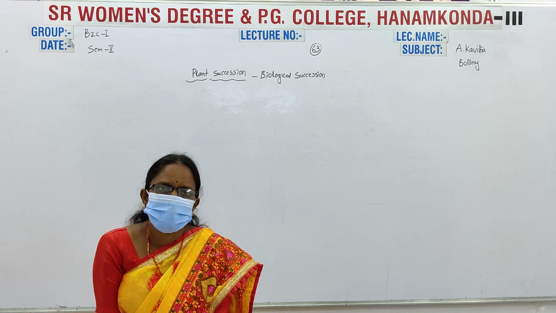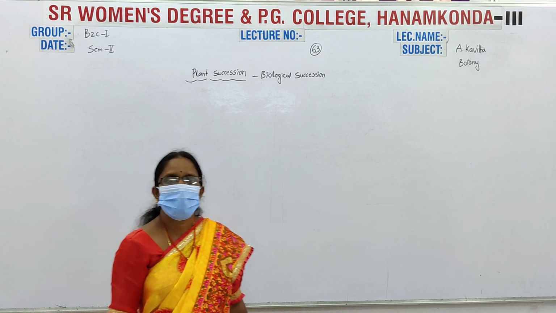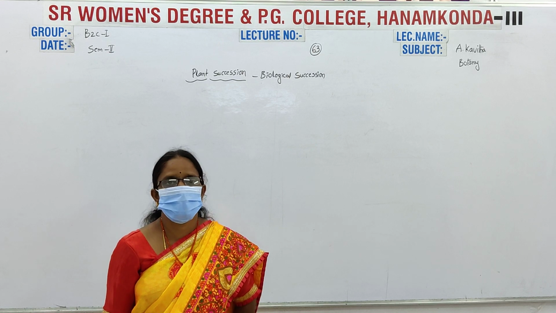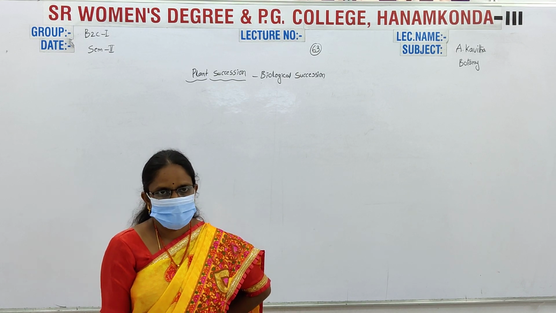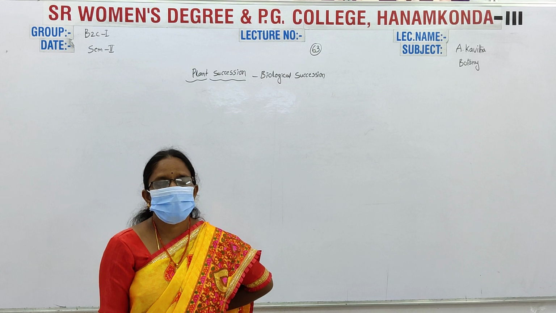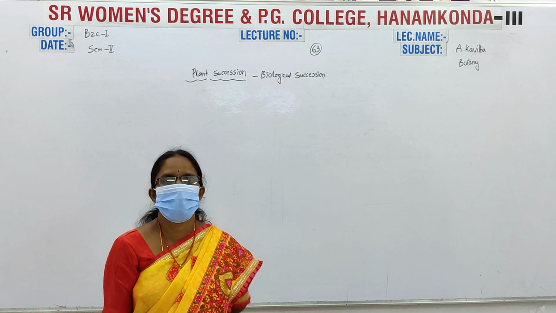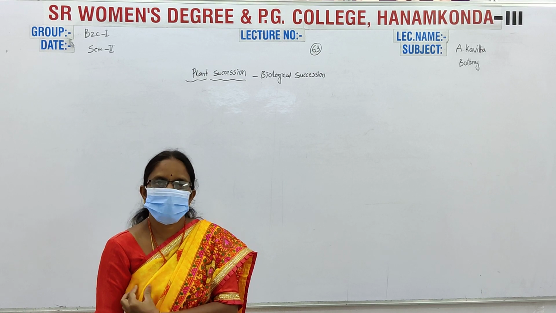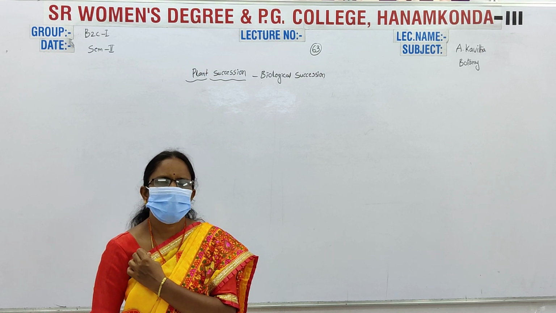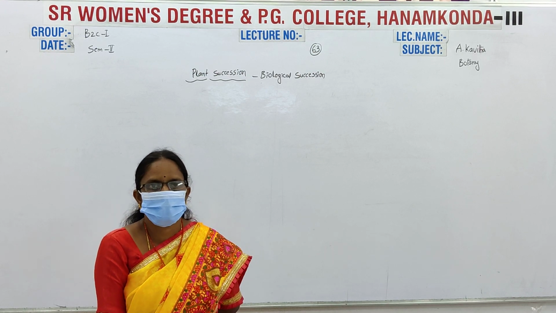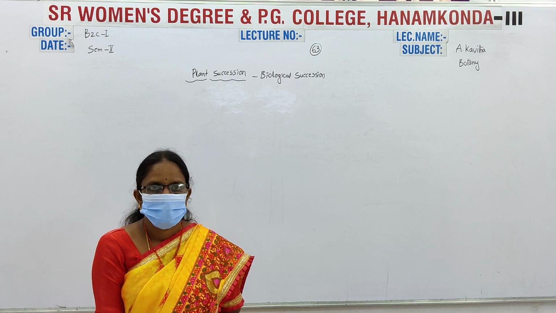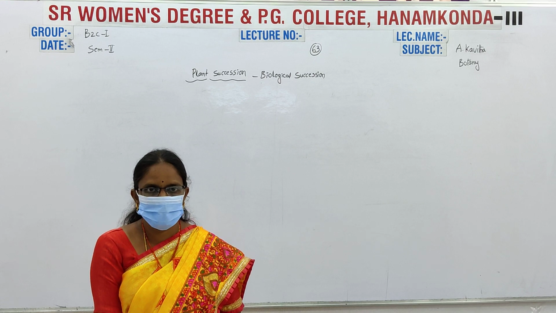The area may be related to water, or to xerophytic or mesophytic characters. New plant communities are established in a particular area, and this is called plant succession, or biological succession.